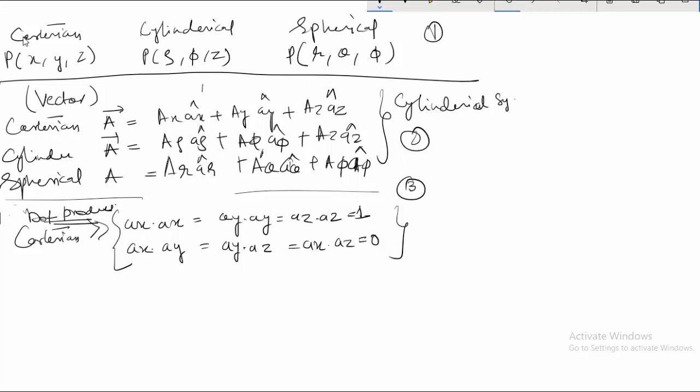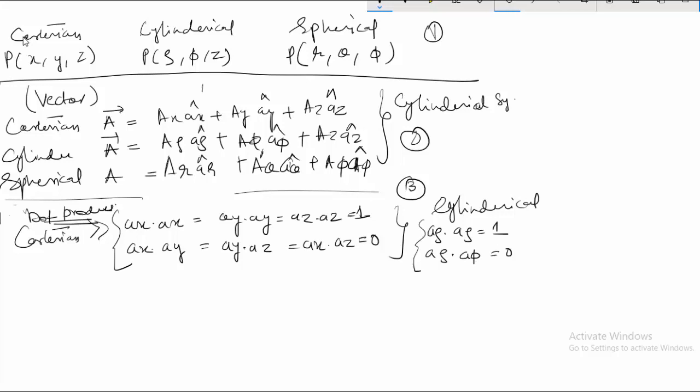And if you are seeing for even the cylindrical system, you can say that the dot product of a rho dot a rho will be equal to 1, and similarly the dot product of a rho dot a phi will be equal to 0.